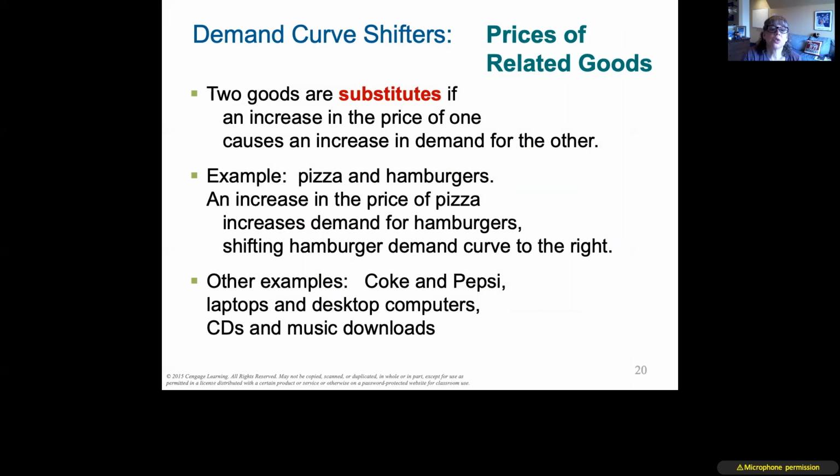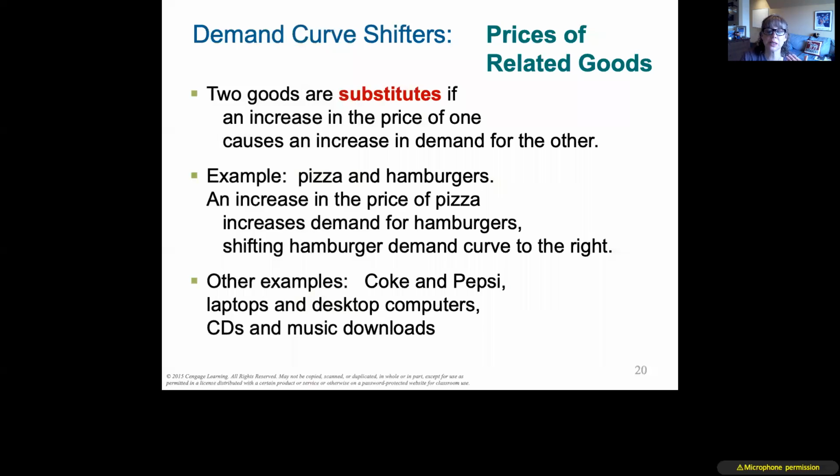Two goods that are substitutes, if the price increases on one of them, may cause an increase in the demand for the other. Huh? Well, what that means is if there's an increase in the price of something that you consider, like when you're standing in the store, oh, I could buy this, or I could buy this. Two different options. For instance, pizza and hamburgers.